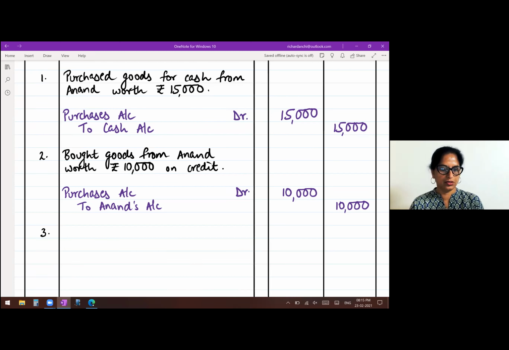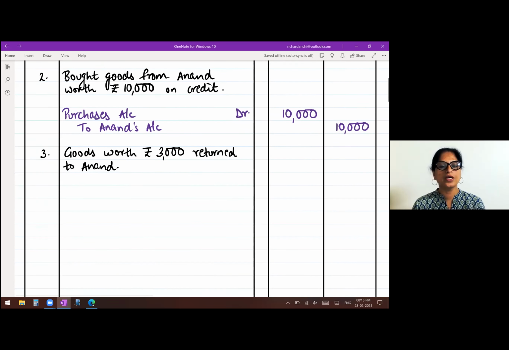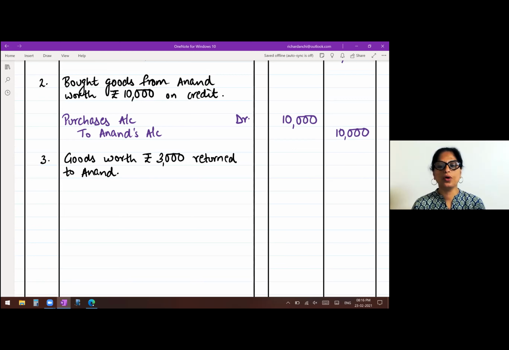Write the third transaction: goods worth rupees 3,000 returned to Anand. Okay, now here, if you see, the goods which were purchased are being returned to Anand.